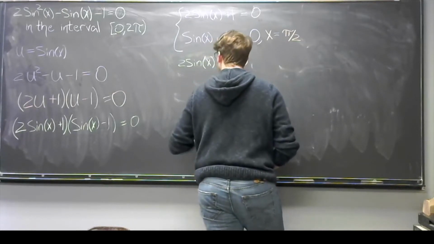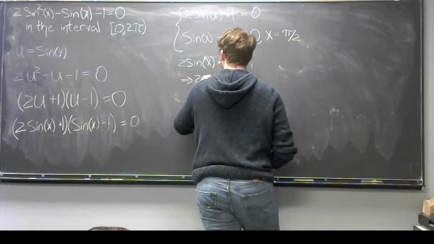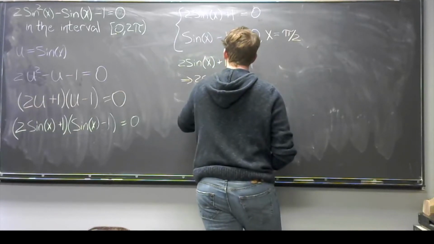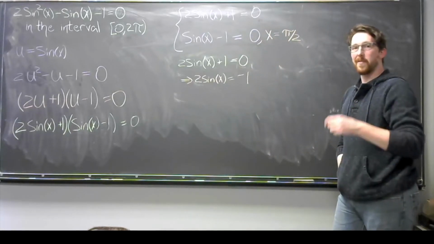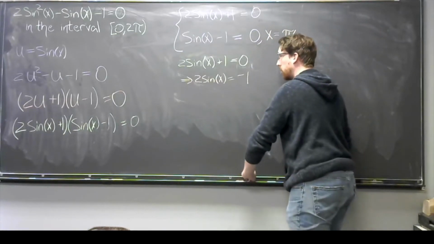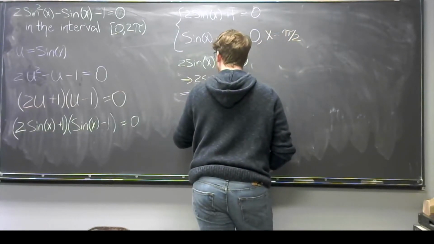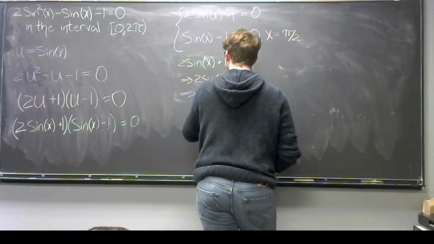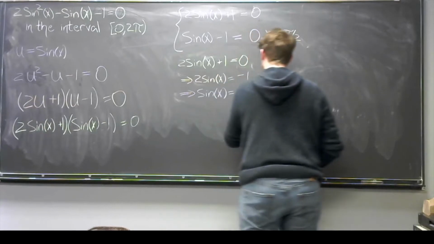And that's going to give us 2 sine of x is equal to negative 1. And then we're going to divide by 2 on both sides. And that's going to give us sine of x is equal to negative 1/2.